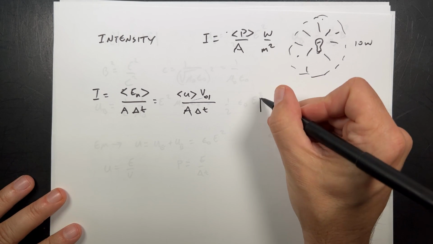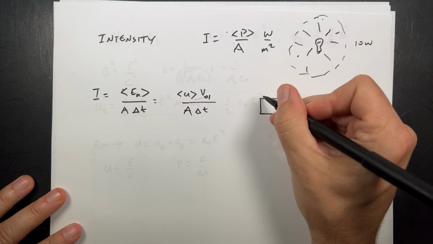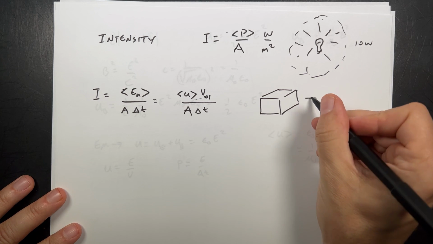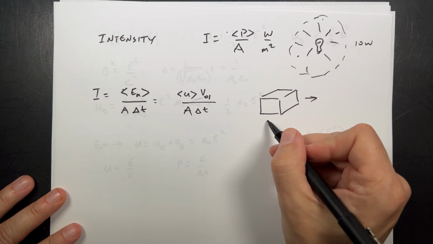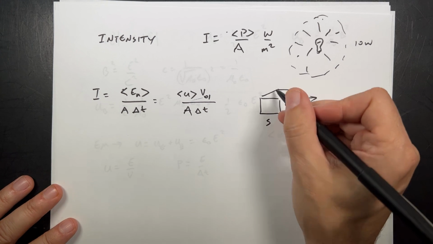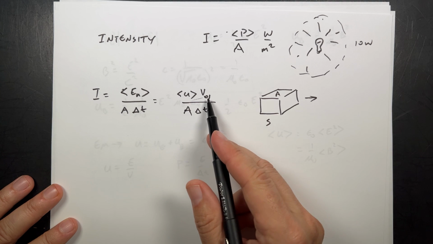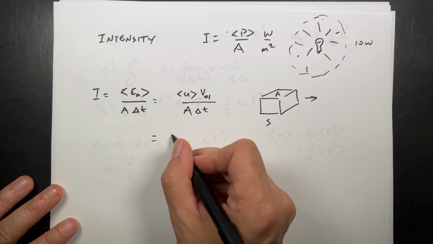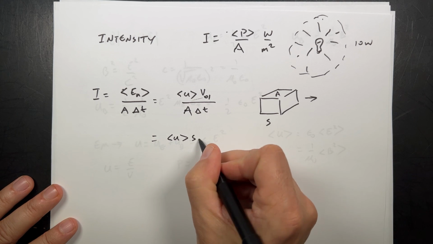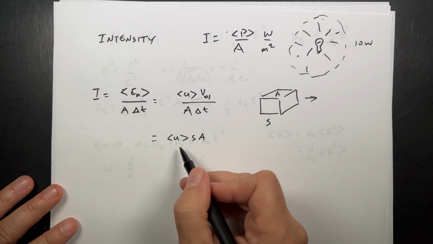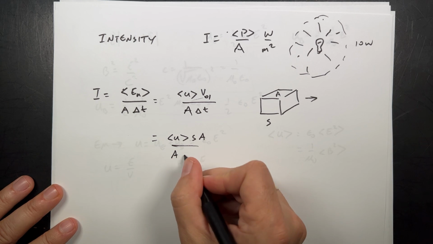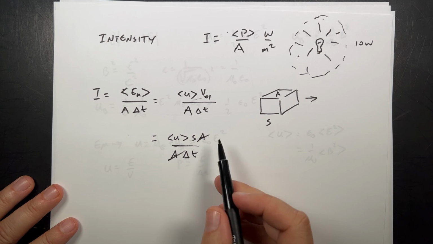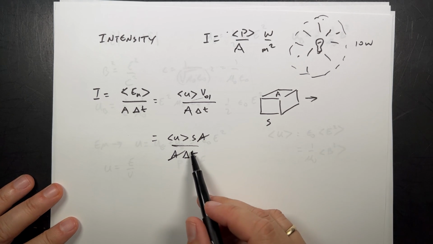Now imagine that I have a block of light like this, and it's traveling this way. And so let's call this the distance S, and we'll call that A. So the volume is going to be S times A. So I get U S A divided by A delta T. Those cancel. S over delta T, since this is light, that's the speed.